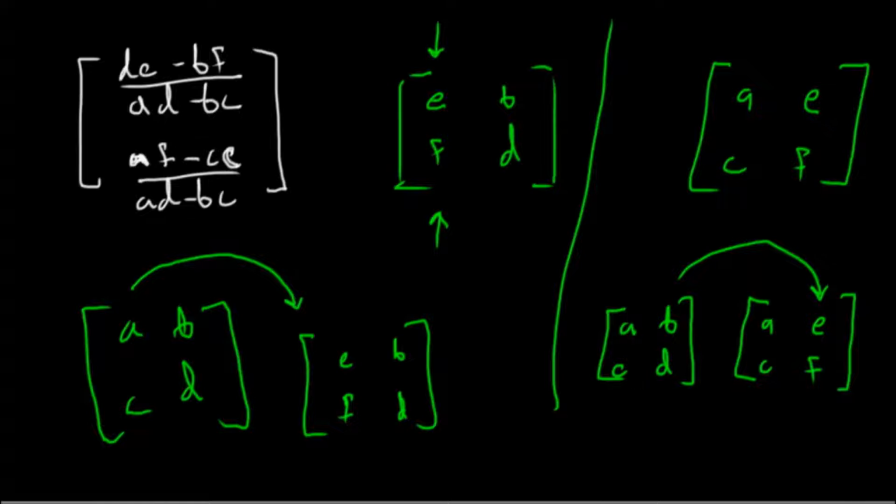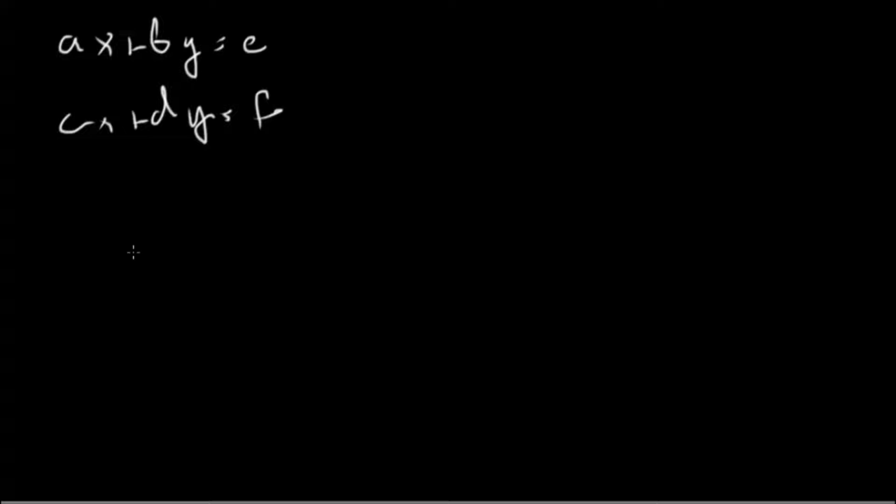All right, so I'm going to go to the next page and just kind of start over. So we have the system of equations AX plus BY equals E, CX plus DY equals F, and the solutions to this system of equations were x is equal to, where the denominator is the determinant of the coefficient matrix.